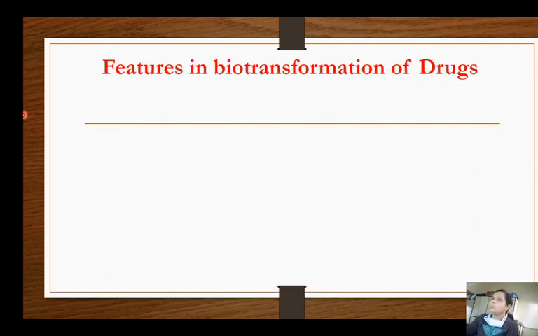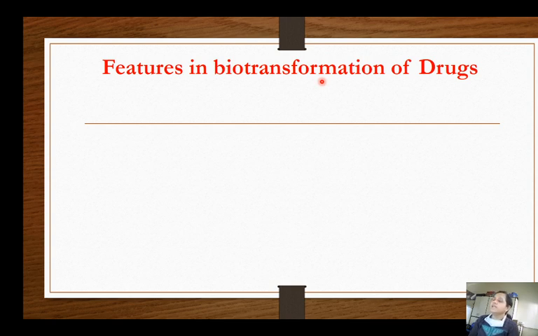Now, when the drugs are undergoing biotransformation. In the previous class, we have seen there are various ways by which xenobiotics enter into our body. They can come as food, can come as drug. In inhalation also, medicines constitute one of the components.